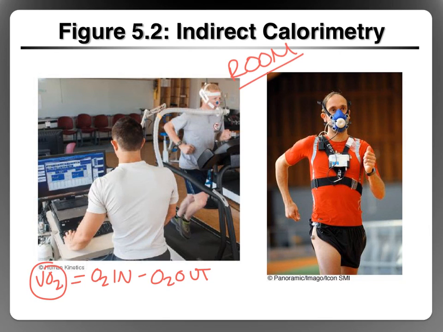Okay? And there's only one place in the body that we use oxygen, and that's the electron transport chain. So any oxygen that you used was used in the electron transport chain. This picture here is just a picture of a portable unit, which basically is all the same components in a much smaller system.